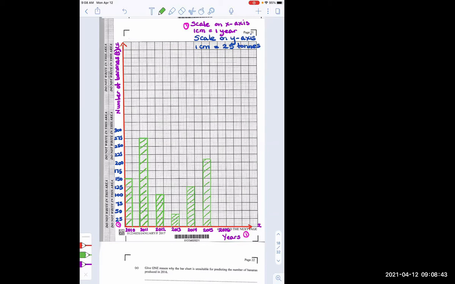For example, just by looking at the data here, I could say which year had the largest production, because that would be the tallest bar, and which year had the lowest production, that will be represented by the shortest bar. So we could take the information that we have in the table and do our visual representation in the bar graph. All right, so finish up the bar graph and then we'll go to answer the questions.